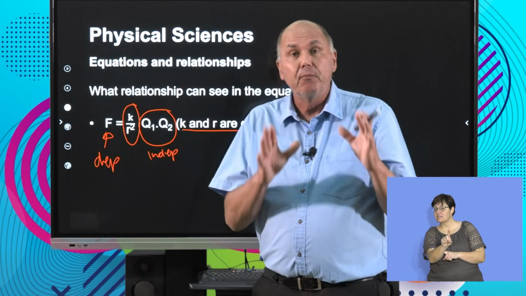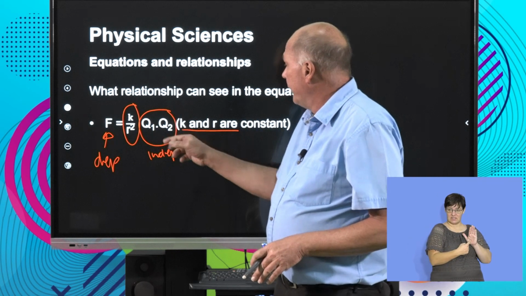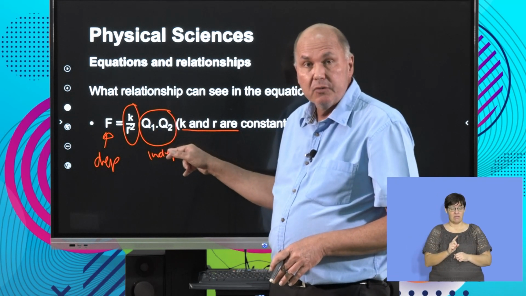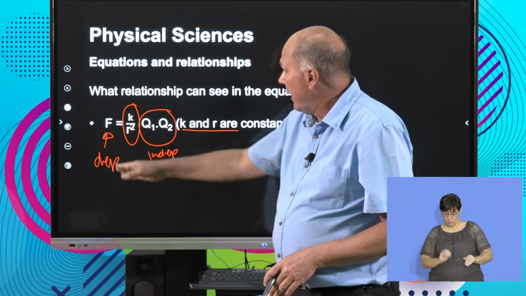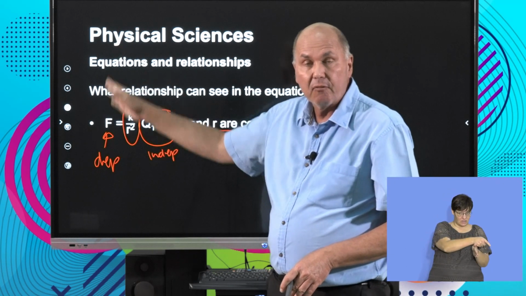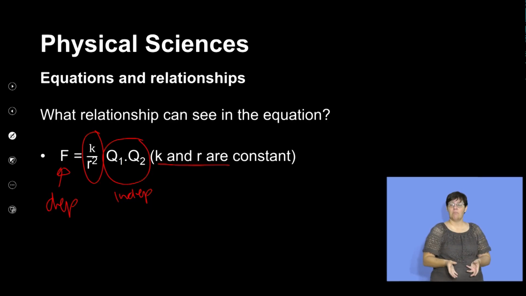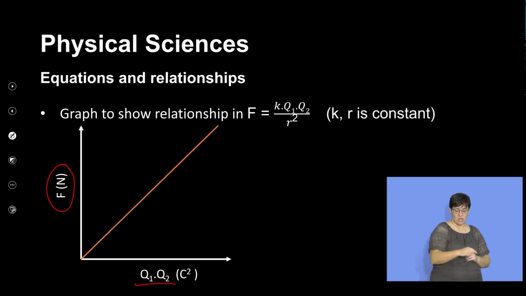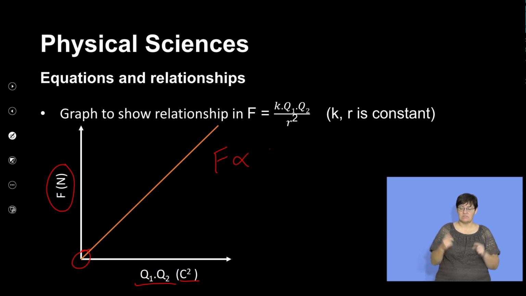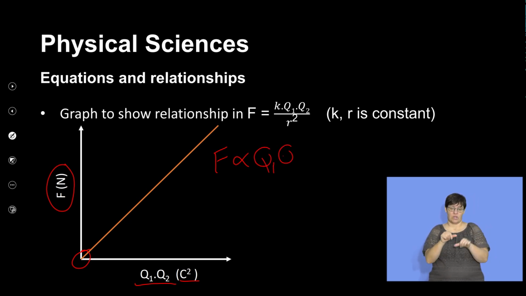Well, if we draw a graph of Q1 times Q2 and put the values of that on the horizontal axis and put the force on the vertical axis, then what are we going to get? Well, you've got it. It's a straight line. The force in newtons, Q1 times Q2 in coulombs squared, a straight line that passes through the origin. We can say that force is directly proportional to Q1 Q2.